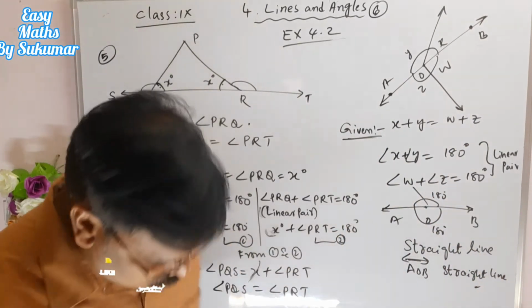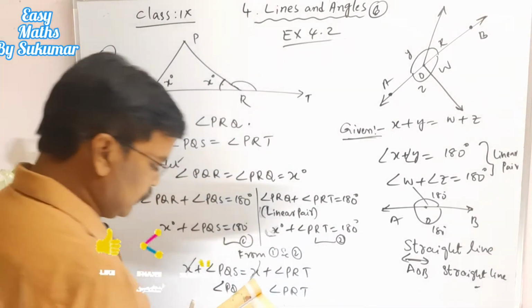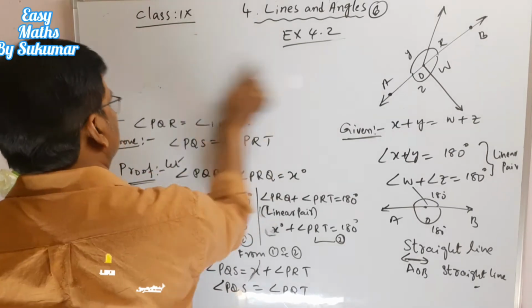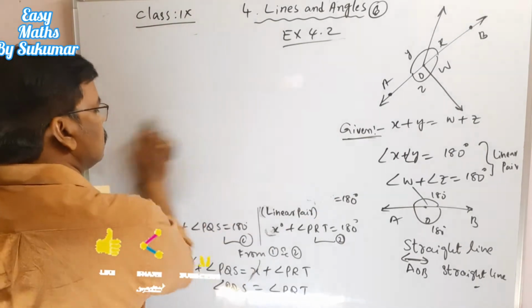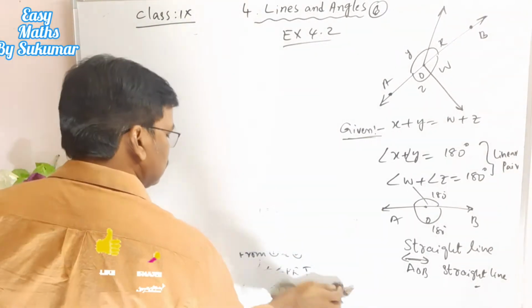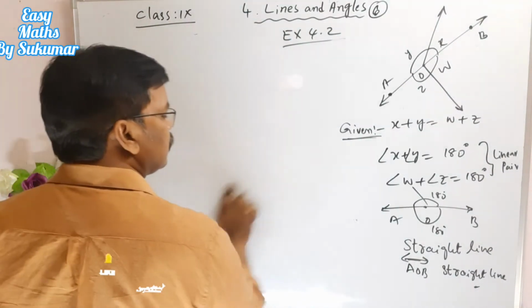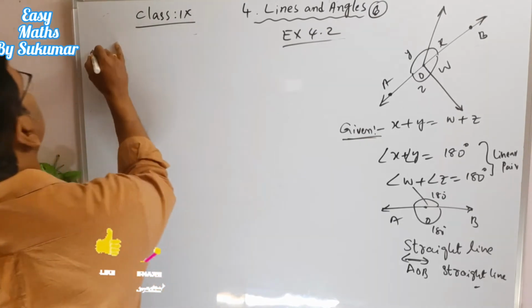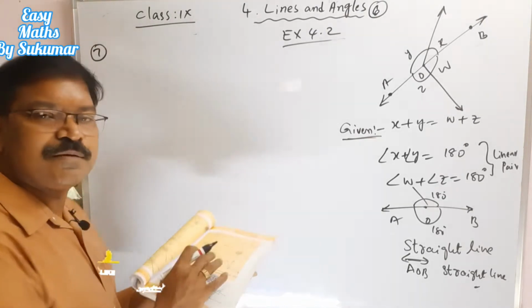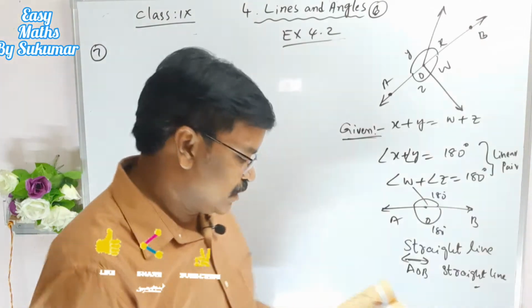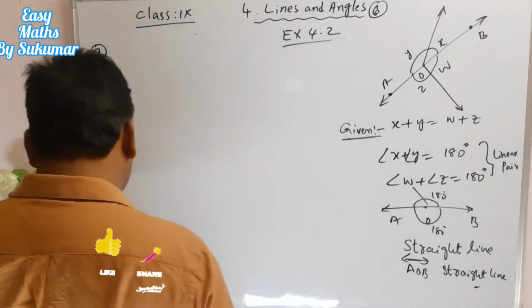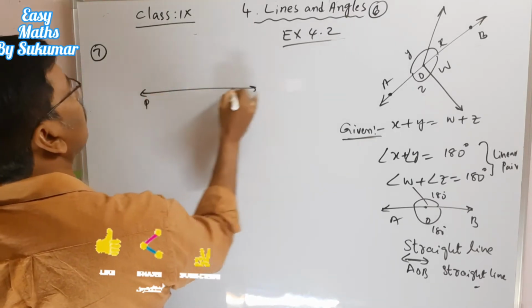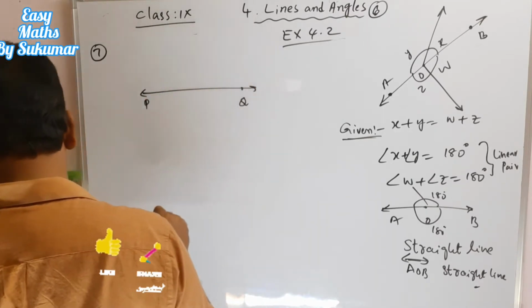Coming to the 7th question, my dear students. In the given figure, this sum is in the CBSE textbook also, and very important also. PQ is a line.